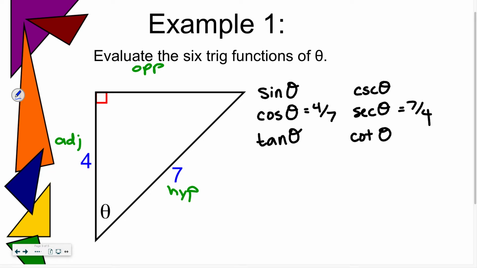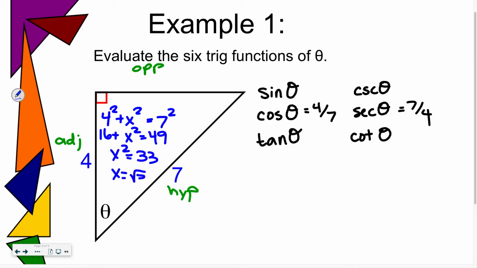The hypotenuse is always your c squared, so we would have 4 squared plus x squared, it doesn't matter what variable you use, equals 7 squared. That's 16 plus x squared equals 49. That's x squared equals 33. So x is the square root of 33.